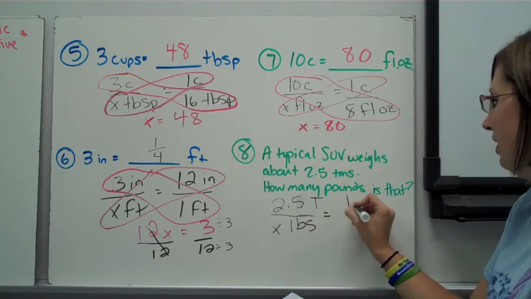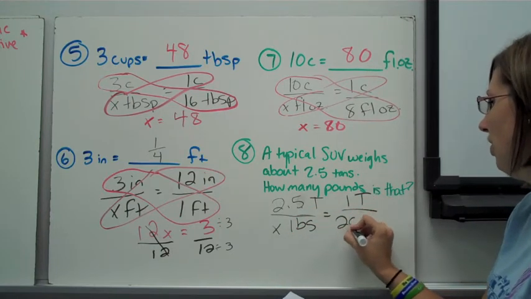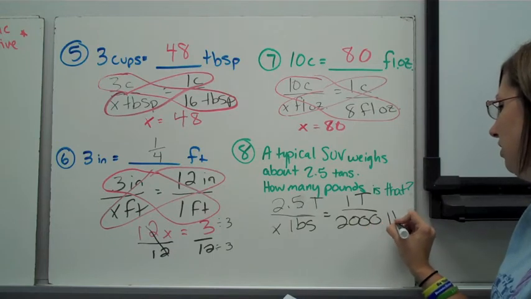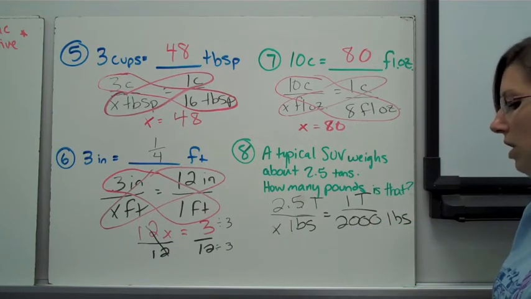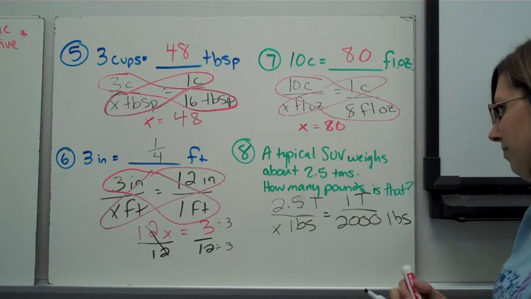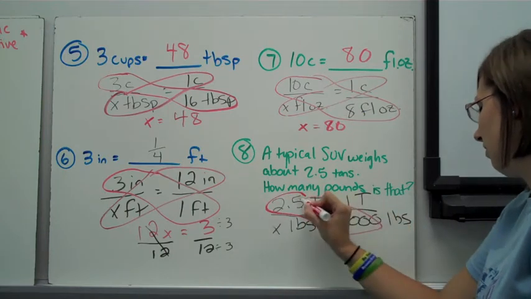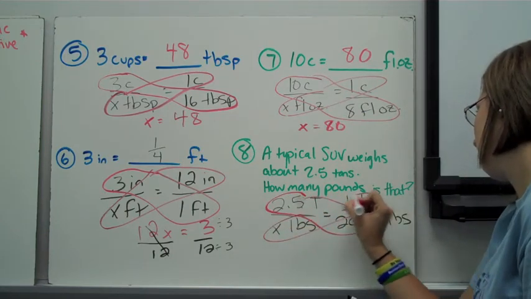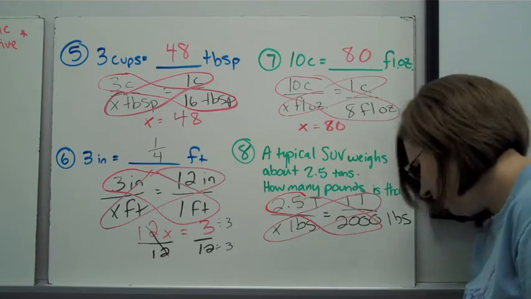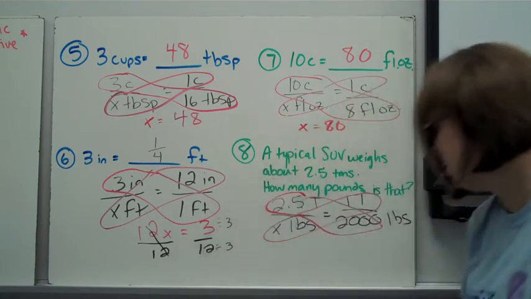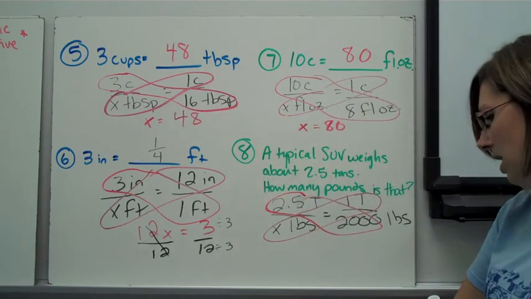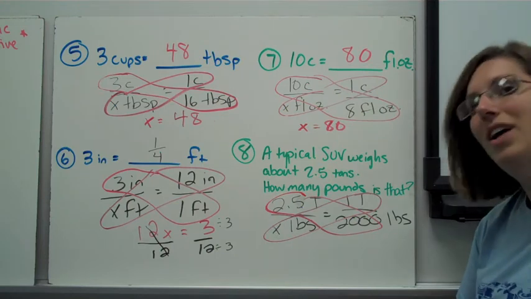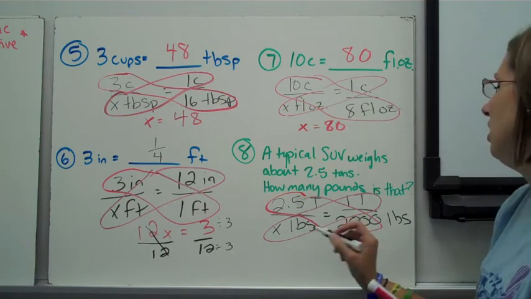But I know that 1 ton equals 2,000 pounds. So again, when I cross multiply and use my calculator, I will get 5,000 pounds.